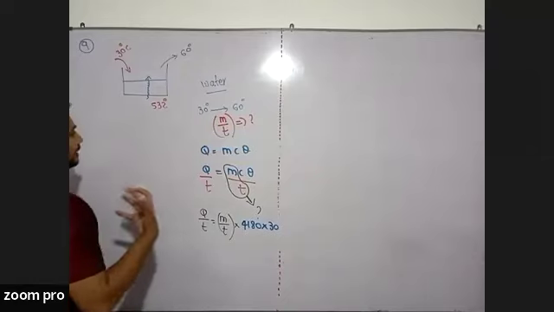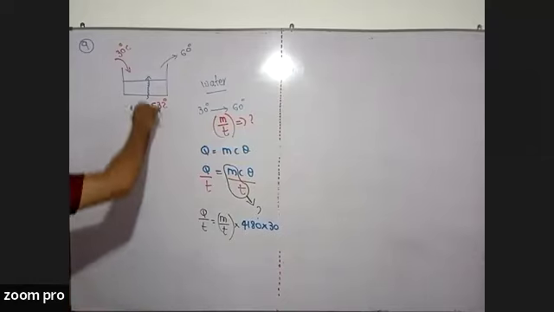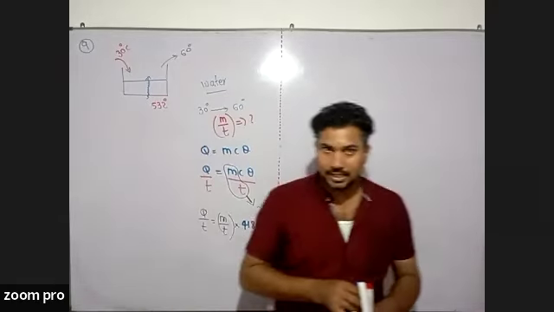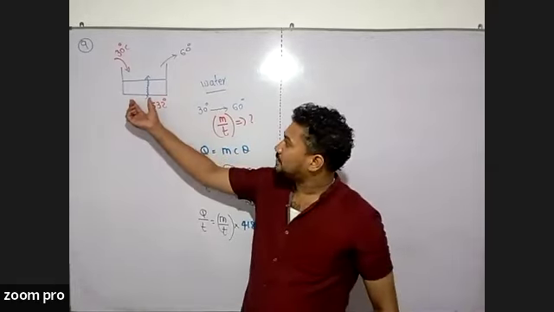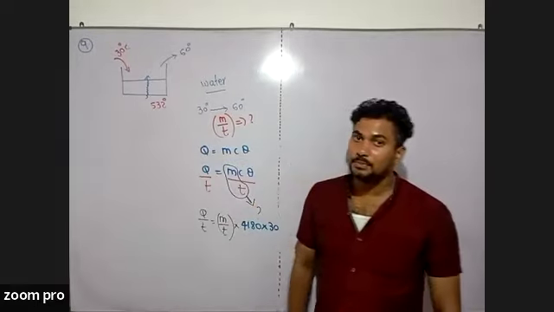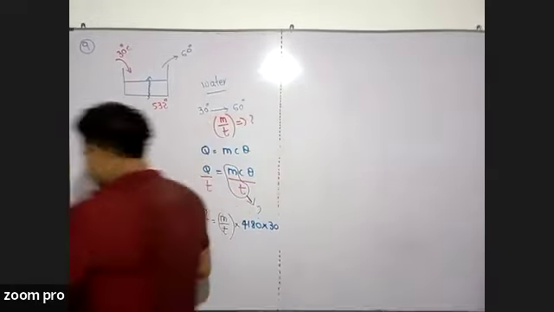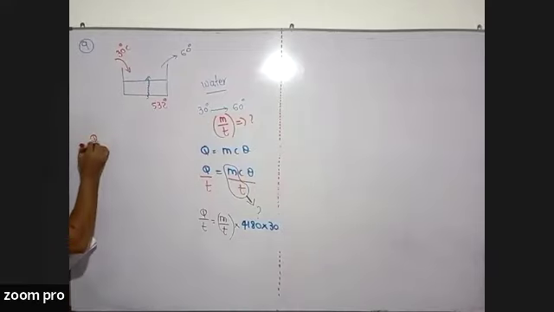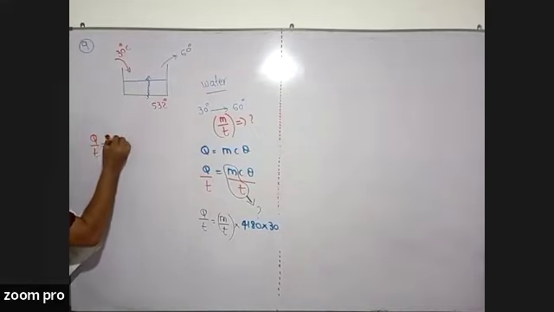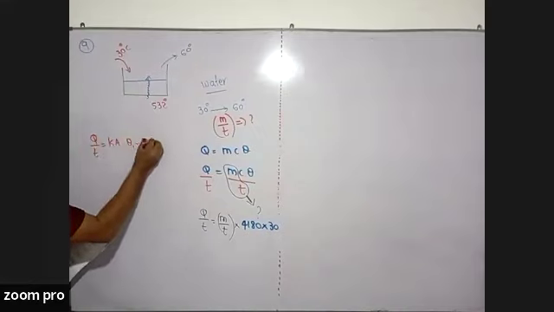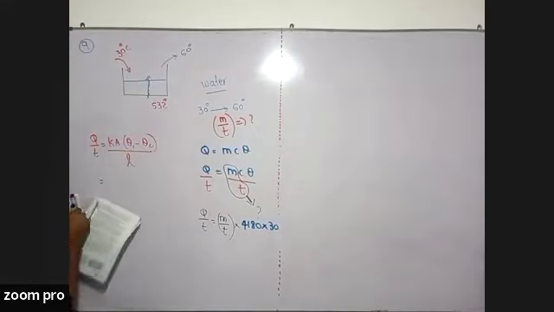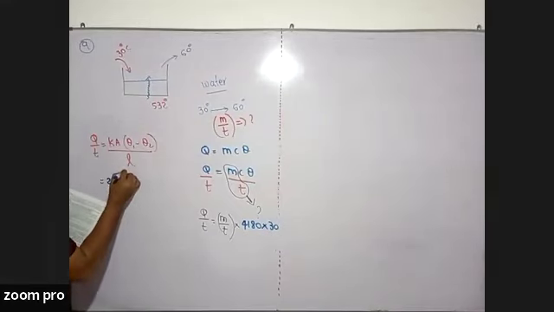Okay, now let's come to the other part, that is, this heat is given by the burner, and this heat flow is flowing through the bottom of the beaker. So let's apply an equation for this scenario, that is Q over T equals K A (theta 1 minus theta 2) over L. Now K is 2.1 into 10 to the power 2.